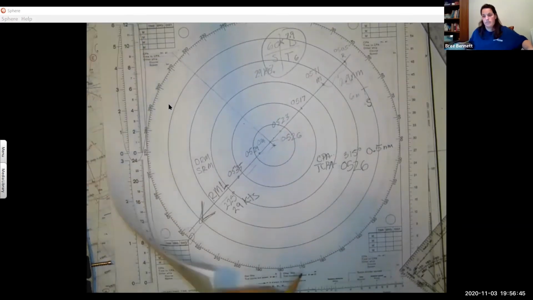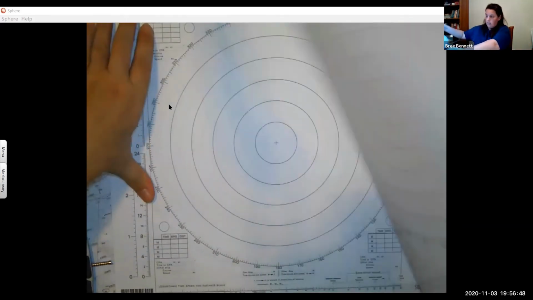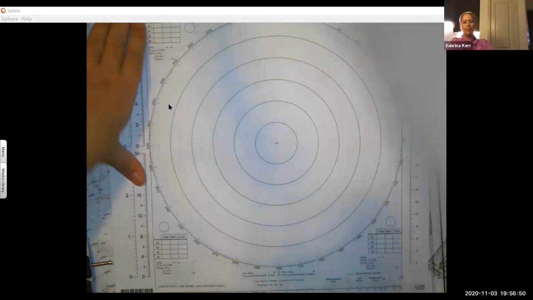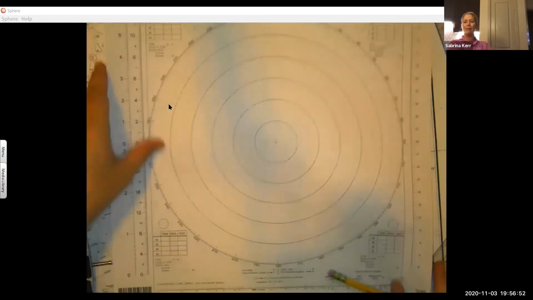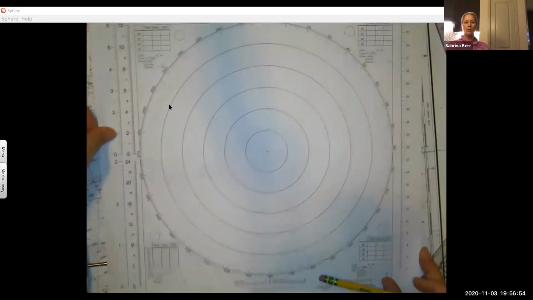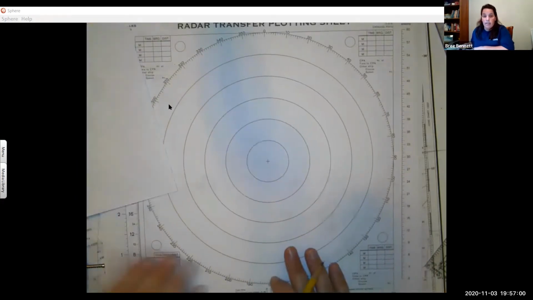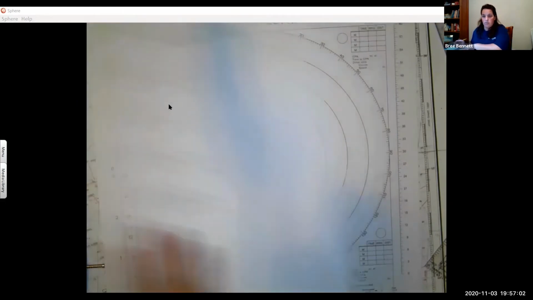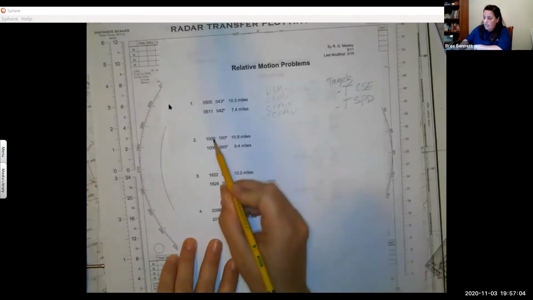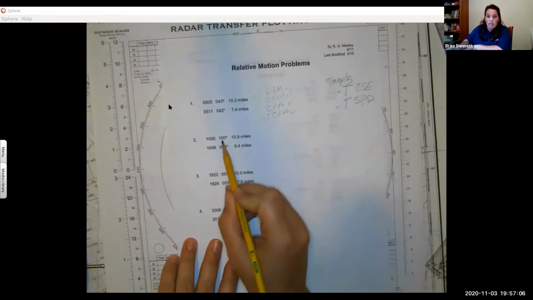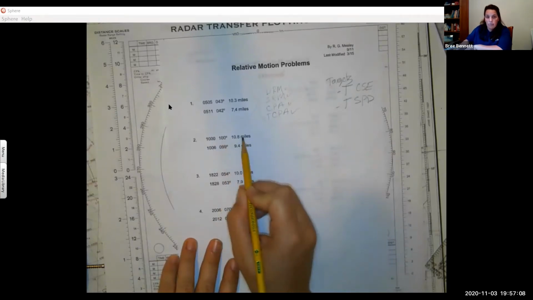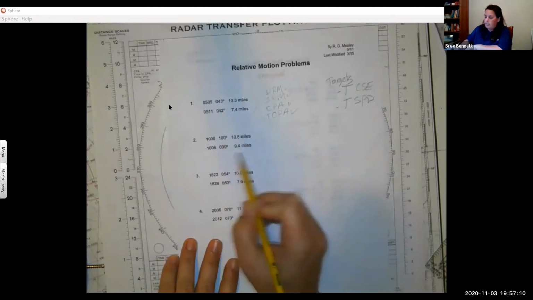Let's do the next one. Here we have 10 o'clock and 10:06, 100 degrees at 10.8, 99 degrees at 9.4.